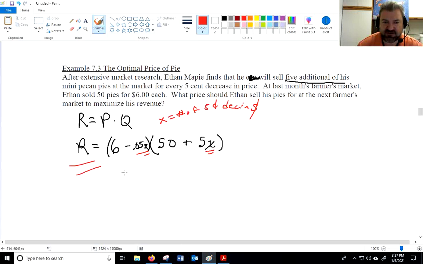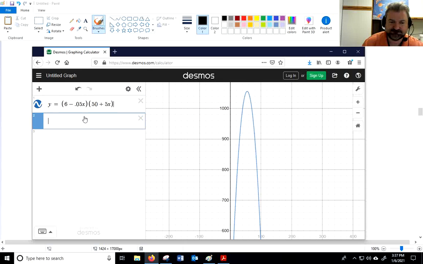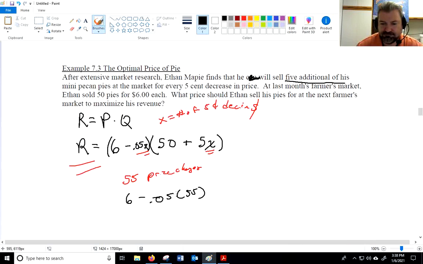So 55 price changes, right? Well, what price does that correspond to? Well, that corresponds to 6 minus 0.05 times 55, which is $3.25. So $3.25 is that perfect price to get the most money per pie.